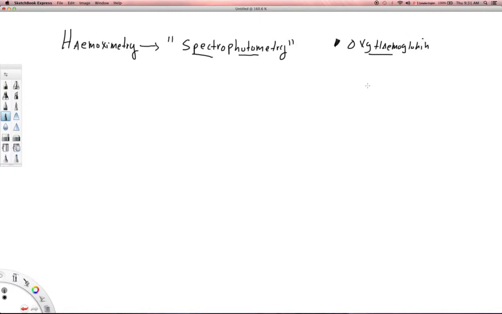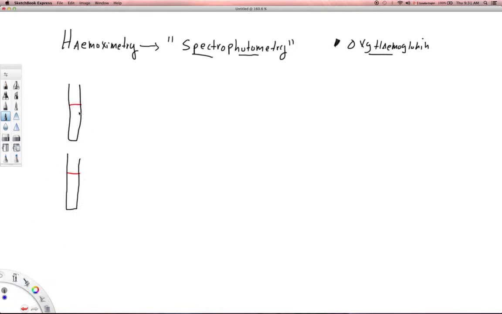Oxyhemoglobin is going to absorb very specific wavelengths of light, okay? So to illustrate this, let's say that I have 2 samples of blood, and the container holding the sample, the thickness of the glass or plastic in the container, and the amount of blood is exactly the same, okay? We have to make sure that that's all the same. It's the same width, the same amount of blood, okay?